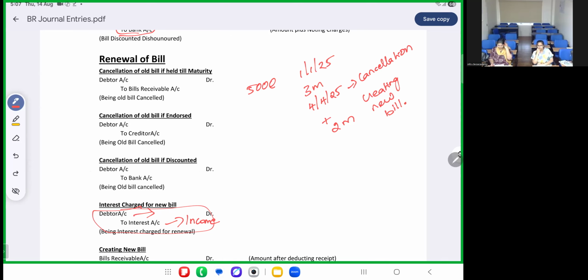for 2 months time. What I'm doing is I am charging interest, say at a rate of 10% for 2 months. I'm not doing it for free. I'm giving extra time, right? So 5,000 into 10% into 2 months, 83 rupees.